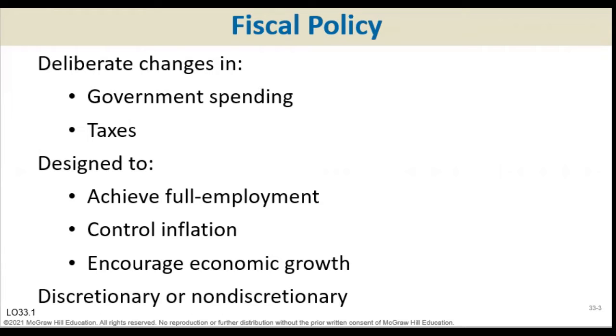Discretionary fiscal policy refers to the deliberate manipulation of taxes and government spending by Congress. The manipulation is designed to alter real domestic output, to ensure full employment, control inflation, and stimulate economic growth.